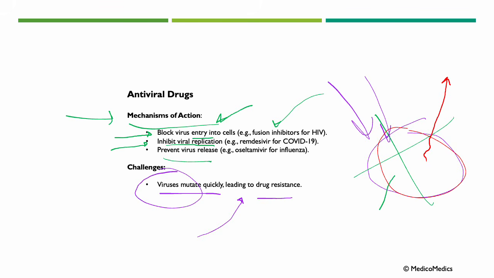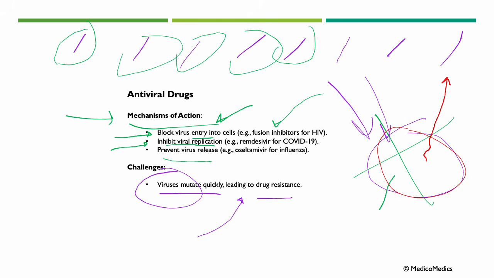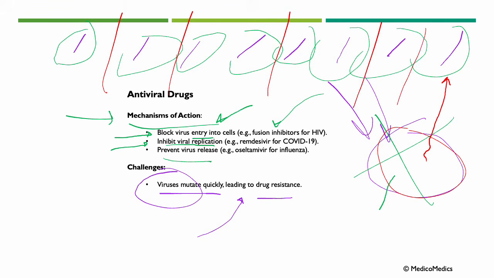So you need to repeat and revise the steps of the viral replication cycle and understand what is happening during these different stages, but also understand how our medical interventions actually work here. We stop it here, or we stop it here, etc.